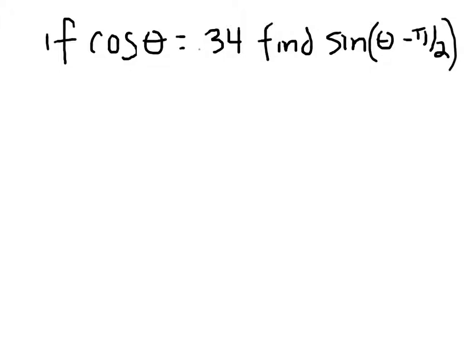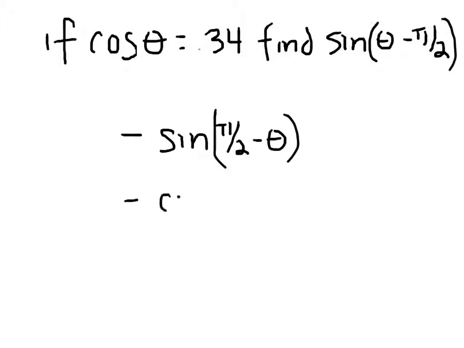Here's an example. If cosine theta equals 0.34, find sine of theta minus 90. So you know that sine of theta minus 90 is the opposite of sine of 90 minus theta. And sine of 90 minus theta is cosine theta.